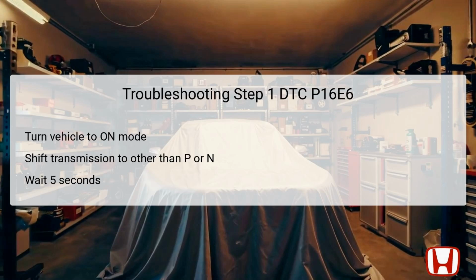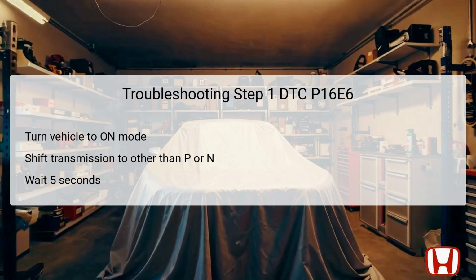The first step in troubleshooting DTC P16E6 involves engaging the vehicle's electrical system. Begin by turning the vehicle ignition to the on mode, which powers the onboard systems without starting the engine.